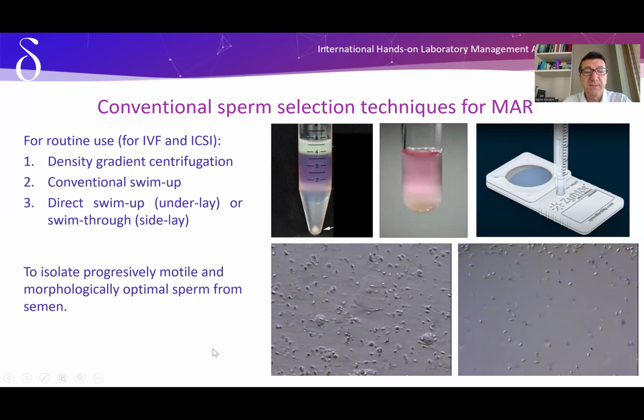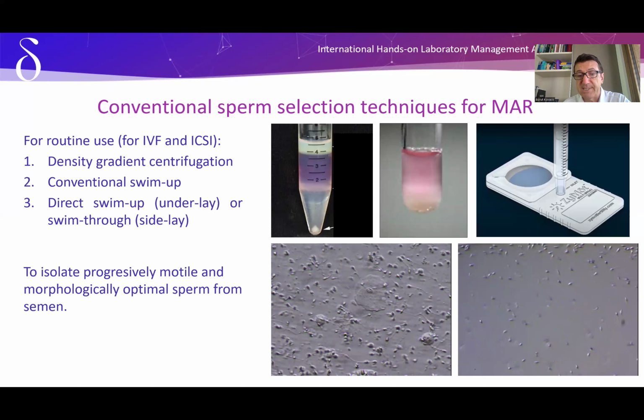So the main principle of all these conventional sperm selection techniques is to isolate progressively motile and morphologically optimal sperm from semen samples. Like we can see here, this is a semen sample with a high concentration of sperm, but also some epithelial round cells and many immotile cells and debris.